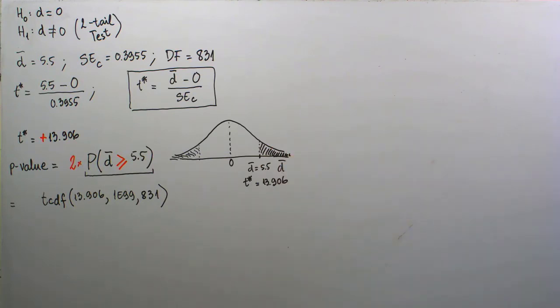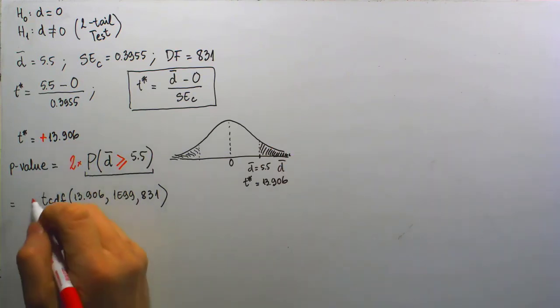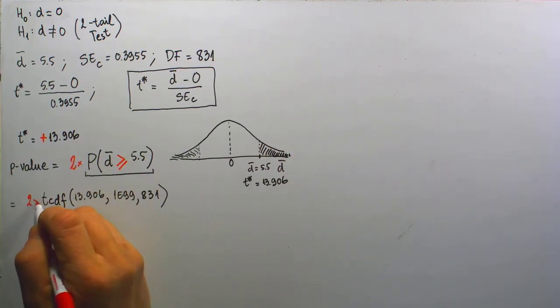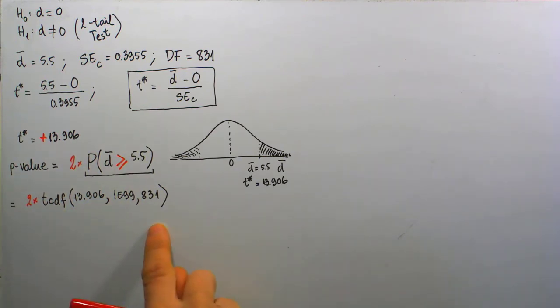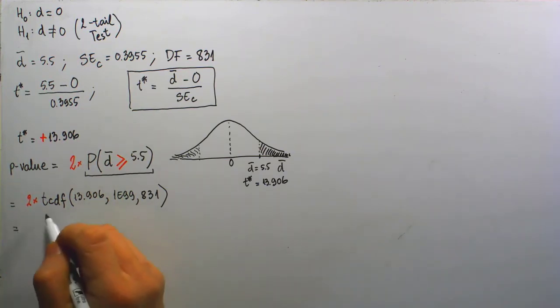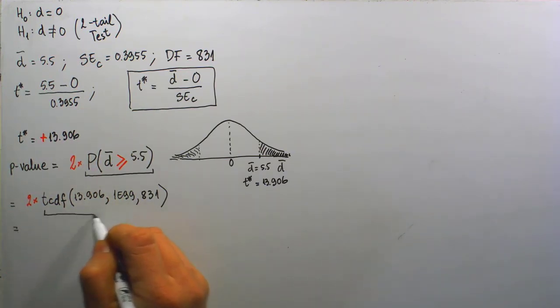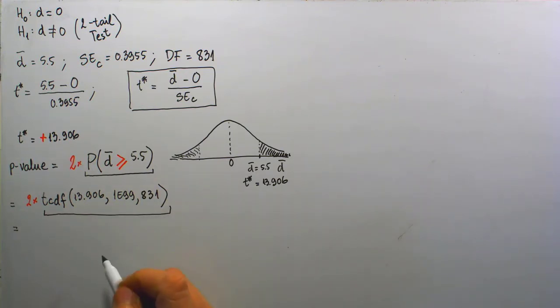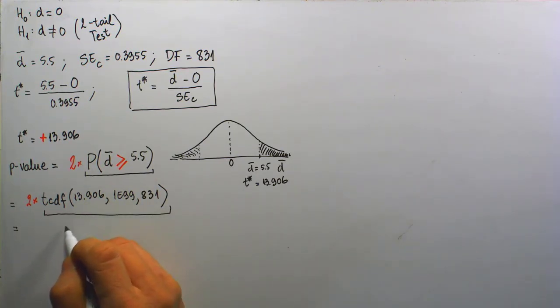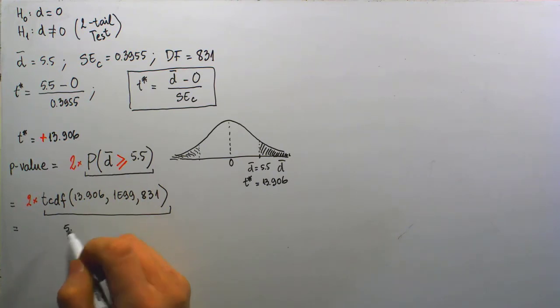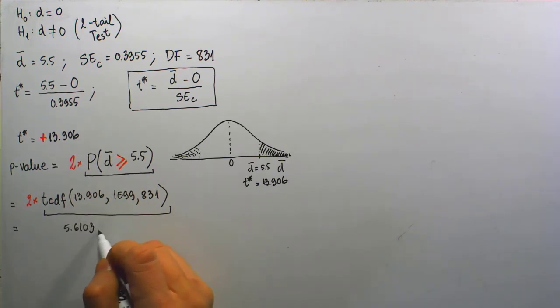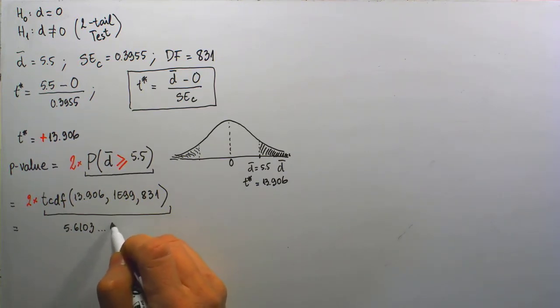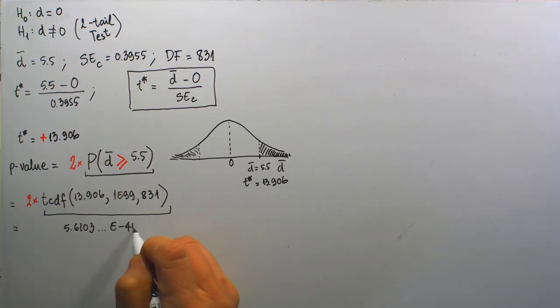But now do not forget, we need to eventually double this probability to achieve our final overall p-value. The answer from the calculator gave us this quantity, 5.6103 and a lot longer, but with an E minus 40.